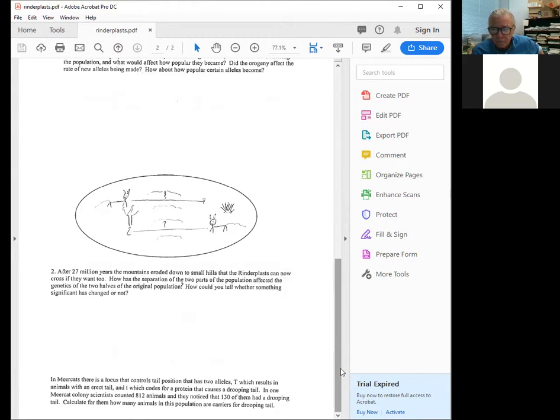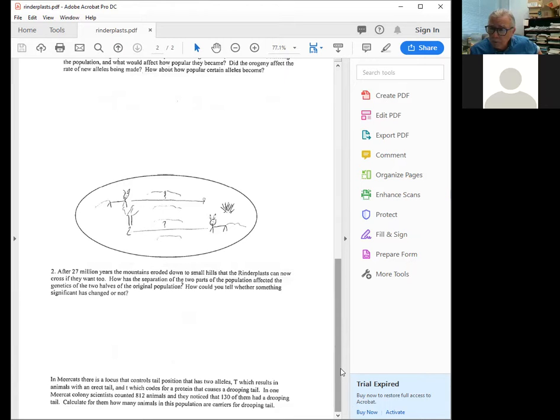So now, what percent of the population are heterozygous? Okay, and that's 2 times PQ, right? 2PQ, right. So 48%? Right.